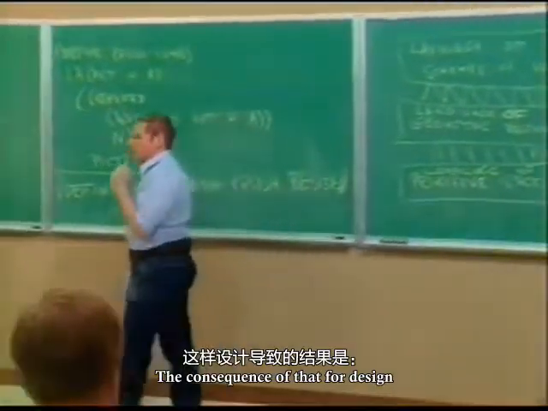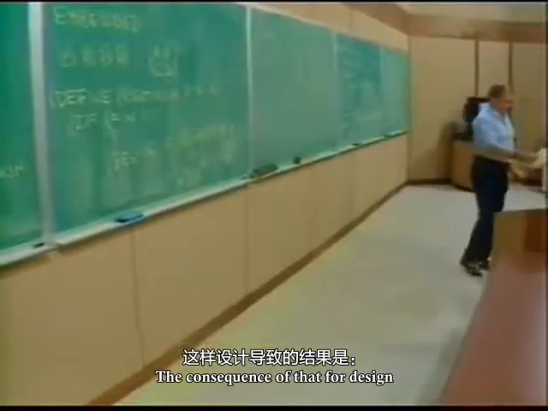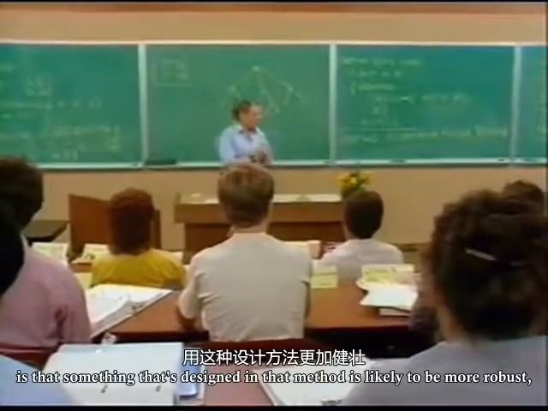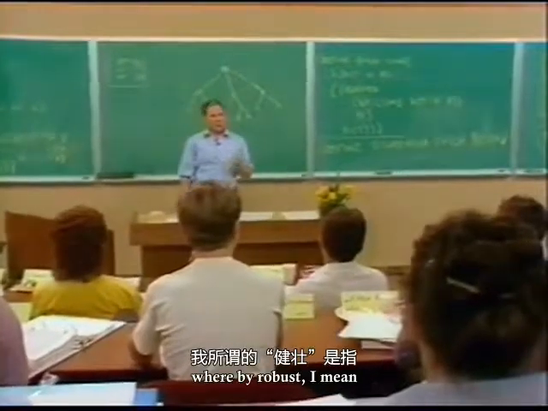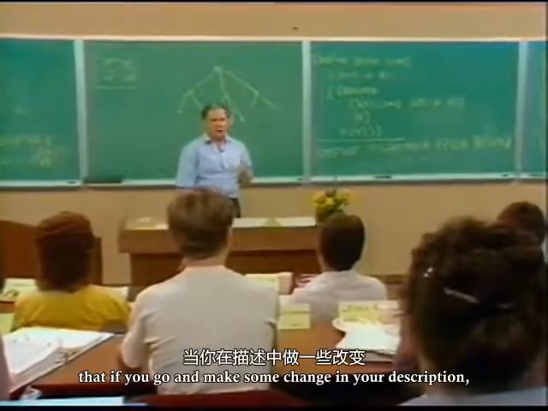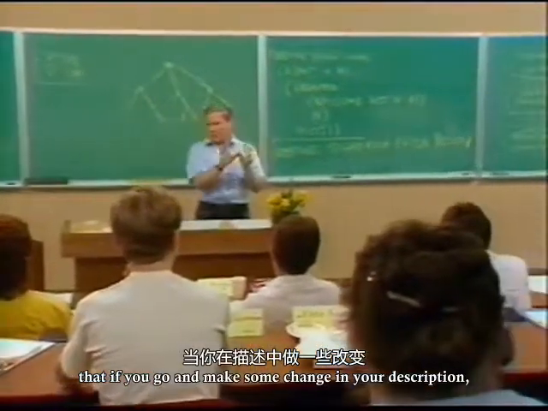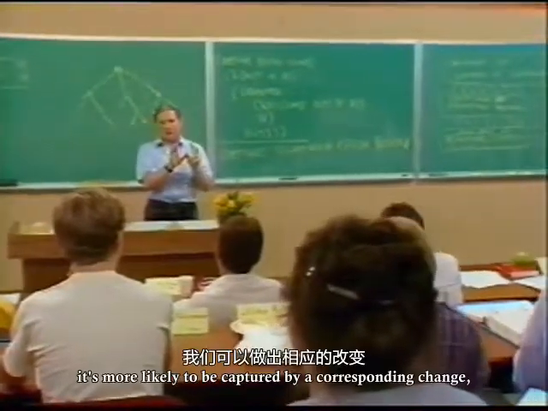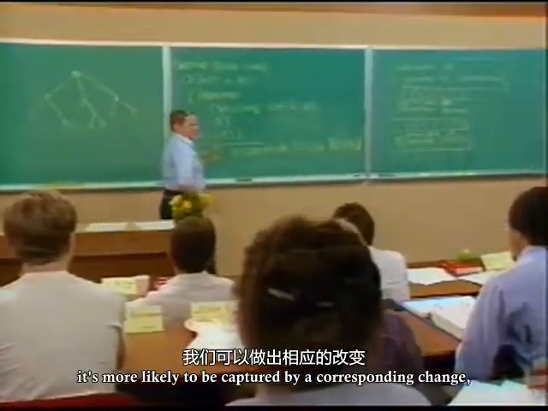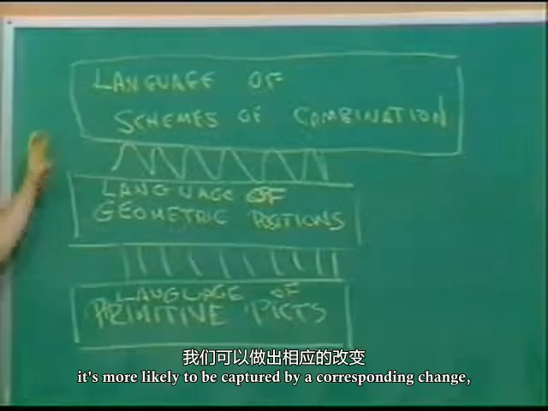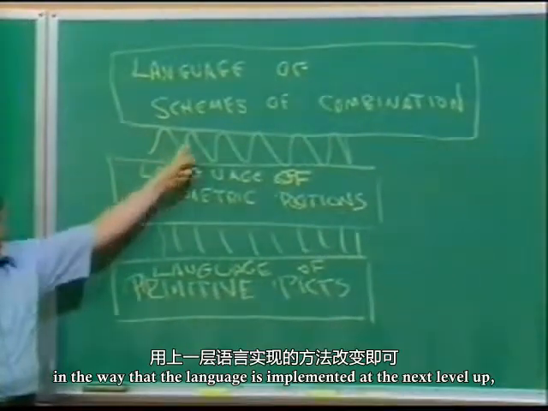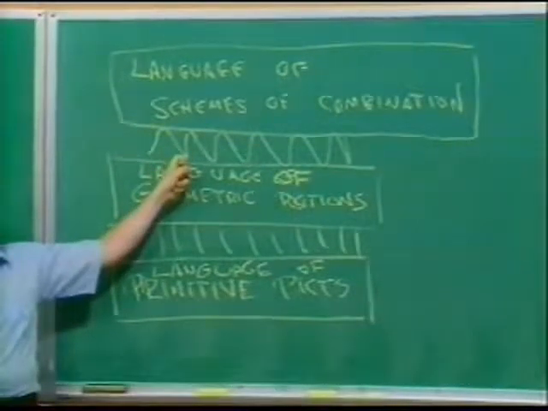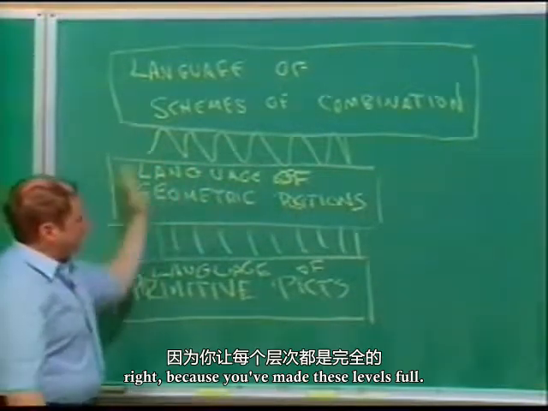The consequence of that for design is that something designed in that method is likely to be more robust. By robust, I mean that if you make some change in your description, it's more likely to be captured by a corresponding change in the way the language is implemented at the next level up, because you've made these levels full.